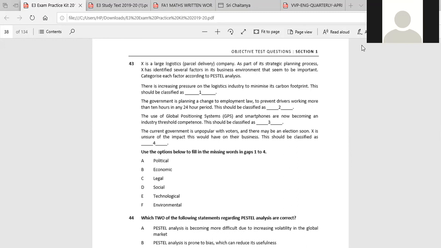There is increasing pressure on the logistics industry to minimize its carbon footprints. This should be classified as what?